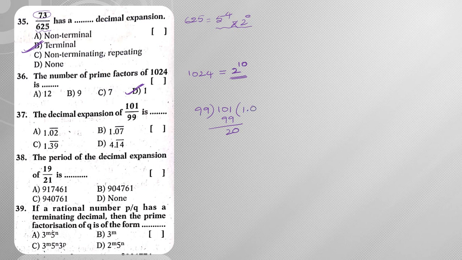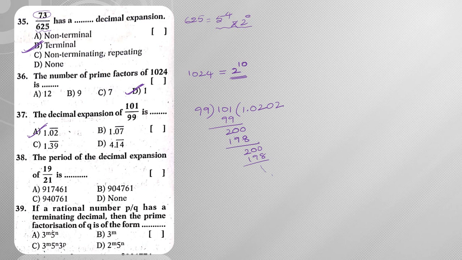Then if I consider one more 0, it becomes 200. So 99 2s are 198, so again I am left with 2. When you consider 10 again, you get 2 again and 198. So likewise it will proceed, hence option A will be my answer here, right?